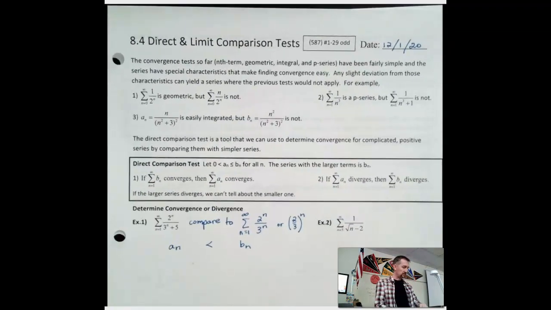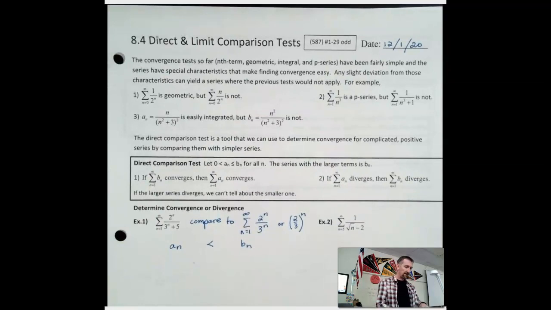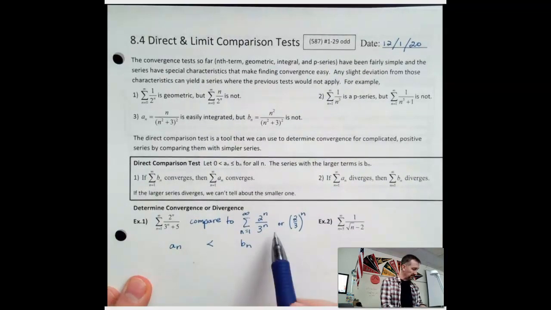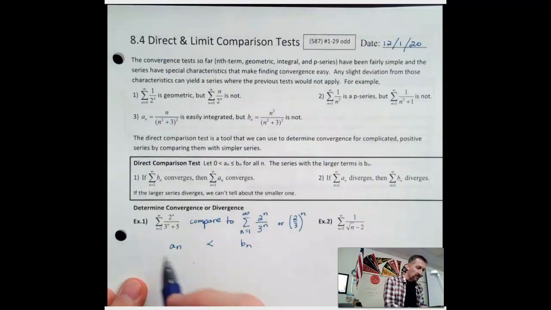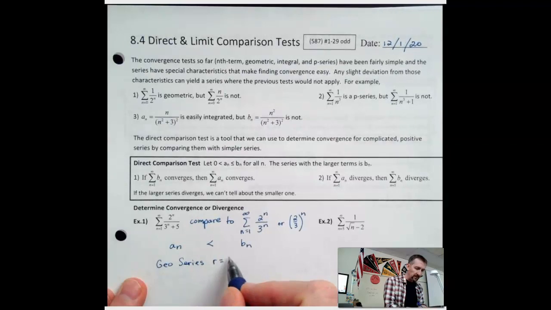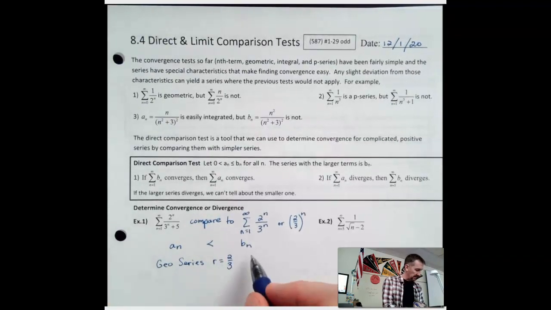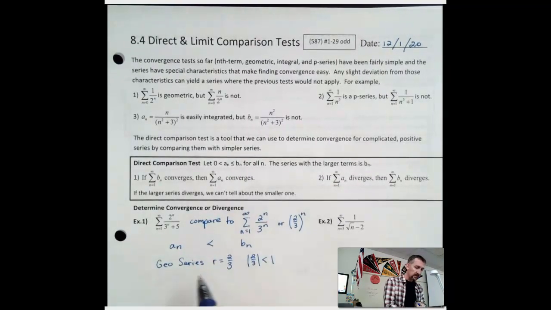So if we look at this, that's a geometric series, and r is 2/3, and the absolute value of 2/3 is less than 1. So that converges.